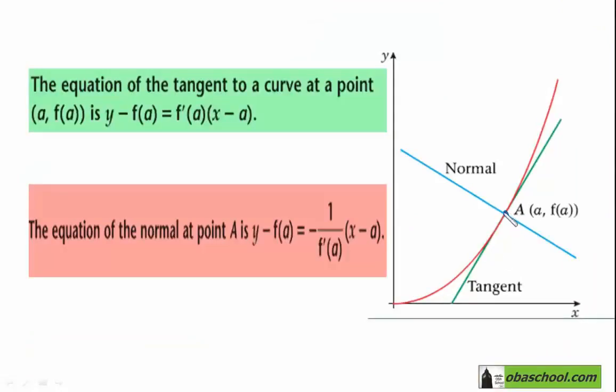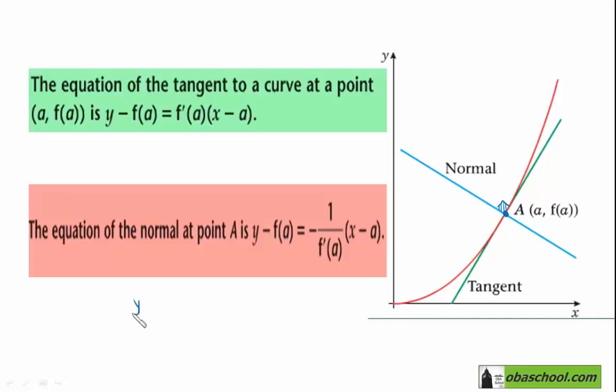But before, we are going to remember exactly what we mean. If you have this curve f of x and the point A, the green line is the tangent to the curve and it's going to have this equation, and the blue line is the normal at the point A that is creating a perpendicular angle with the tangent, and it's going to have this equation as well, marked in red.